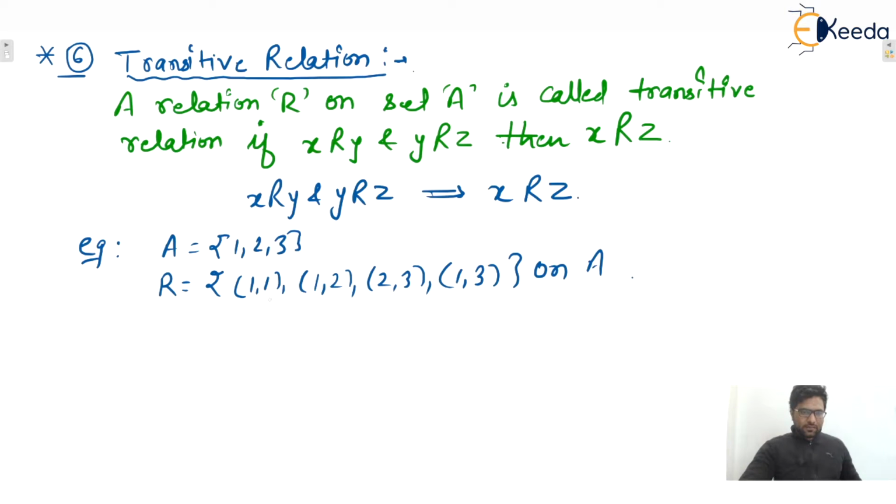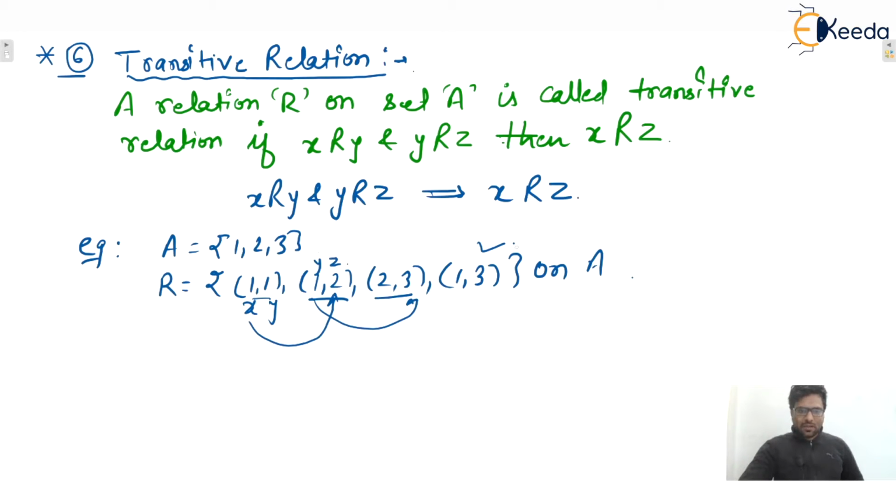Now you tell me whether this particular relation is a transitive relation or not on set A. Here we can see that 1 is related with 1. Let's say this is X, this is Y, and Y is related to Z, then X must be related with Z. Yes, (1,2) is present inside this relation. Similarly, 1 to 2 is related and 2 to 3 is related, so 1 to 3 must be related. Yes, 1 to 3 is there, isn't it?